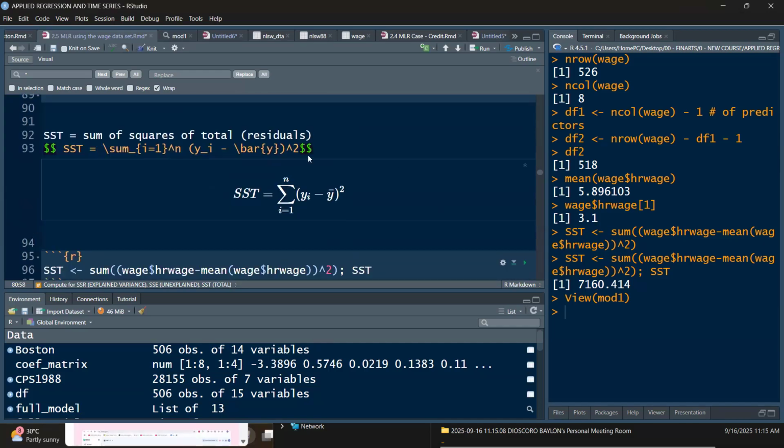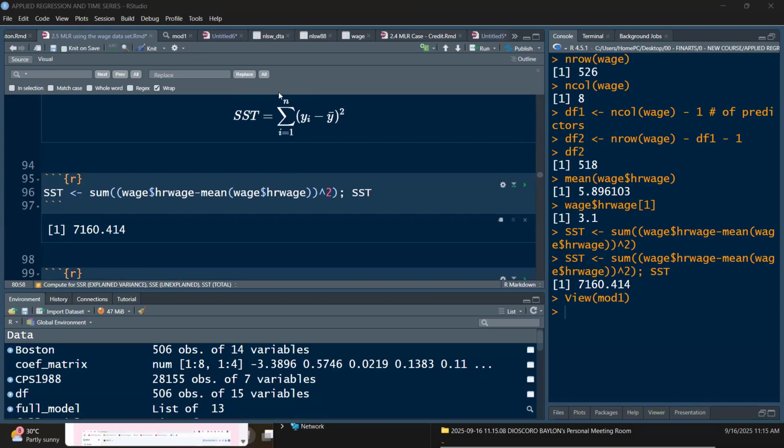And did I give you already this LaTeX formula for SST? Feedback, please, class. Okay, yes. Thank you, John. Meron na nito, no? So again, feedback, please, class, if you were able to get 7160.